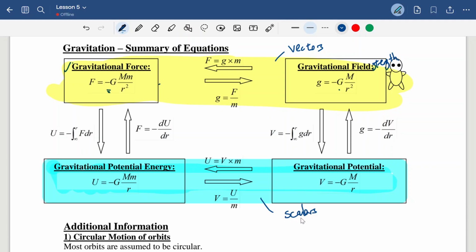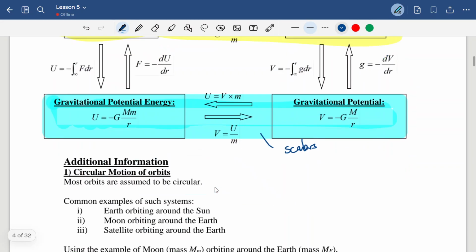Vectors, because they have directions. The negative sign, when you do your calculations, you can just ignore because we just know that it's an attractive force. But for scalars, you cannot ignore the negative sign because we are taking with reference to infinity.